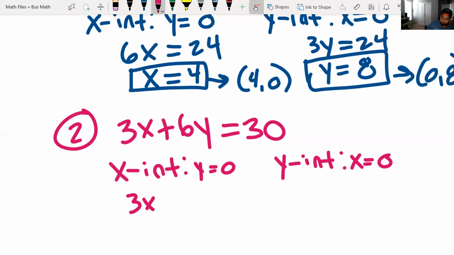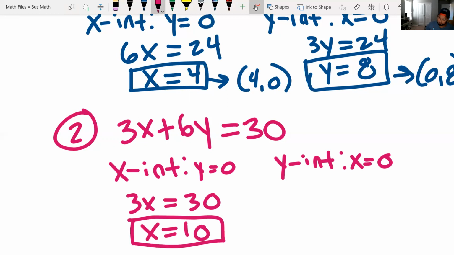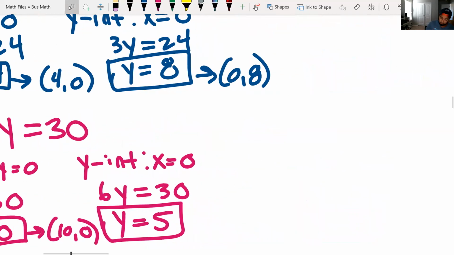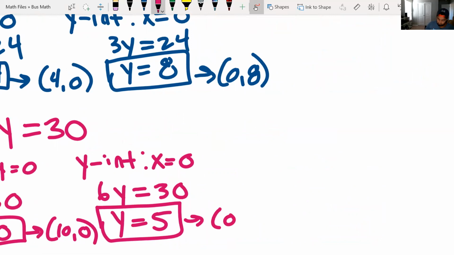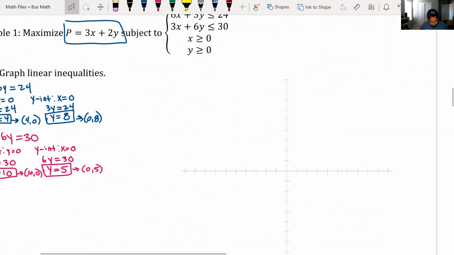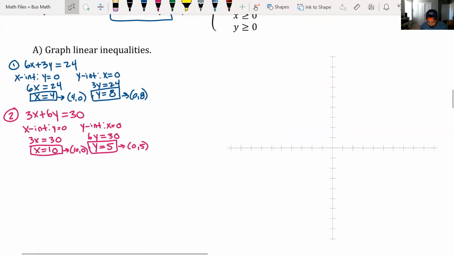And you'll get 3x equals 30 and x equals 10. And then 6y equals 30 and y equals 5. Again, convert: 10, 0 and 0, 5. And now let's graph.